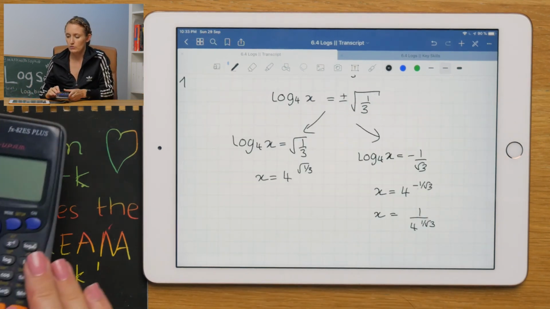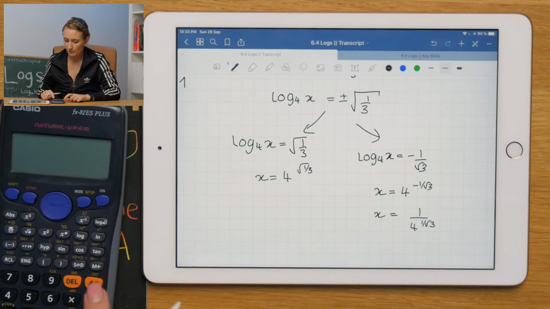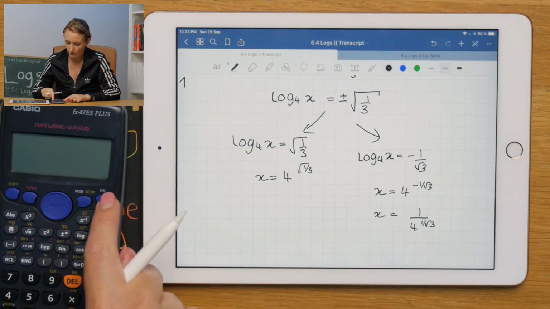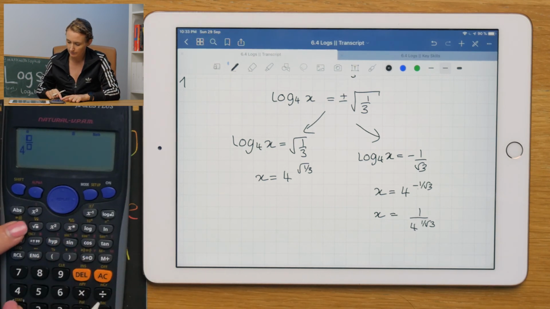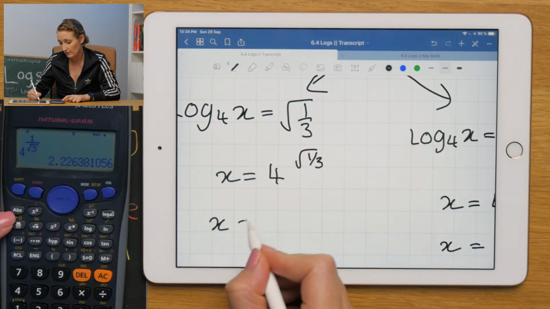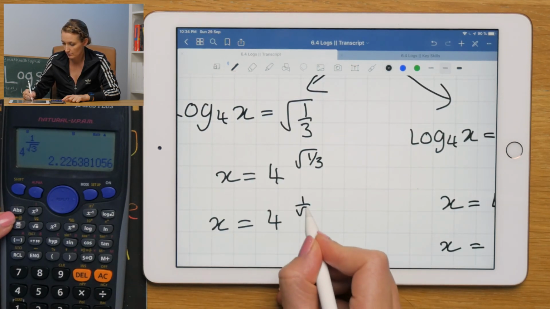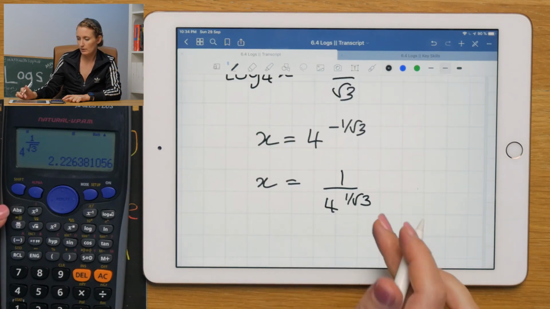Both of these, not nice. Just to be clear, if you wanted to type this into the calculator, you would do 4 to the power, or you would do 1 over square root 3. I suppose you could even go as far as to rationalize this. Not nice.